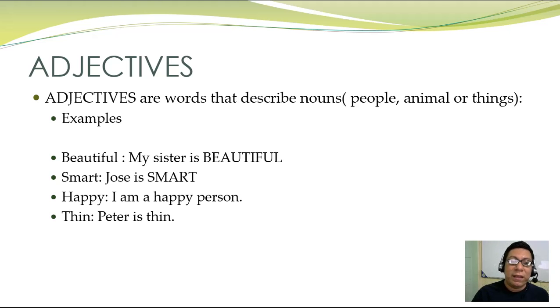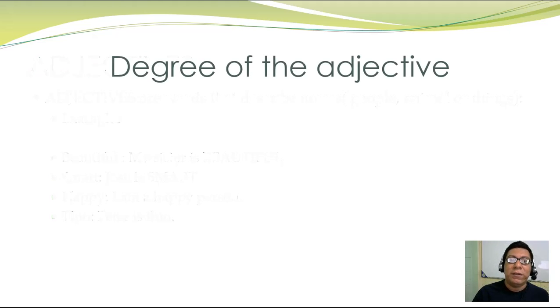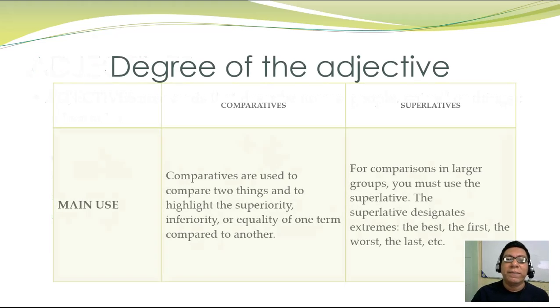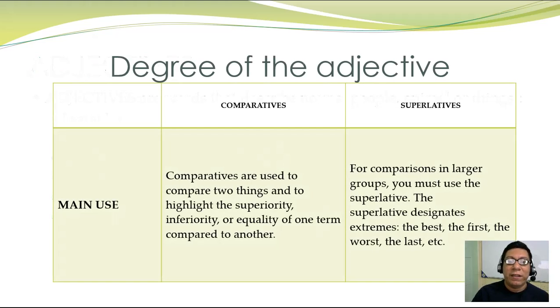But in this case, we're going to check the degree of the adjective. That means that we're going to check the main use of comparatives and superlatives. So let's start. Comparatives. The main use is comparatives are used to compare two things and to highlight the superiority, inferiority, or equality of one term compared to another.